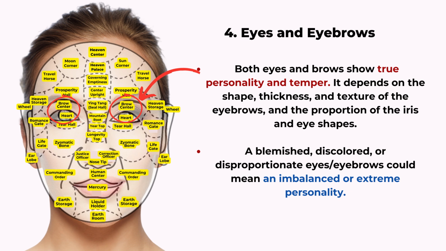We are not going to talk about the detailed variations and combinations. But here we just know the eyes and eyebrows can reflect the natural personality. And if these areas are out of proportion or have some blemish, discoloration, scars, that can mean imbalanced personality or extreme personality.